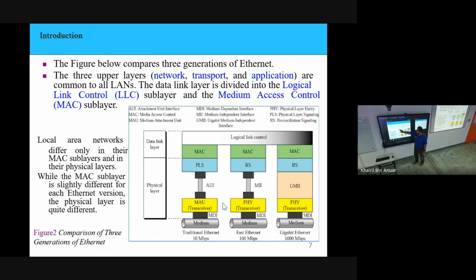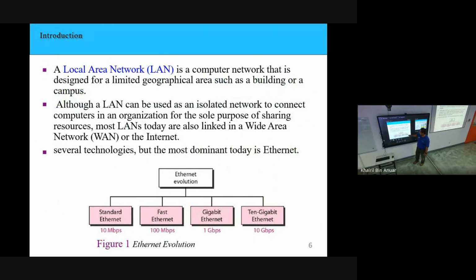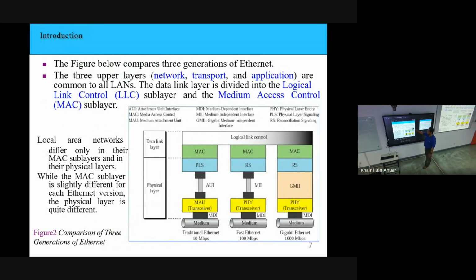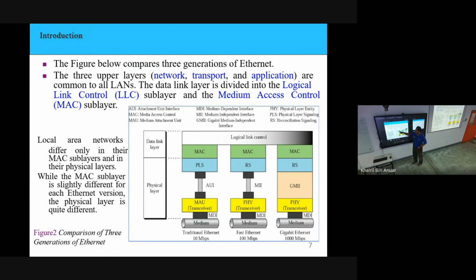So the data link layer is here, where you see that the data link consists of two sub-components which we defined last week: the logical link control and also the MAC.